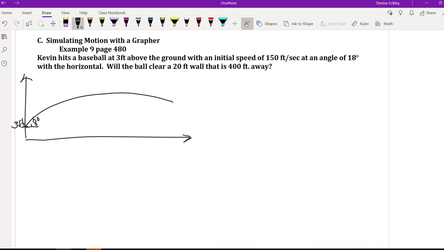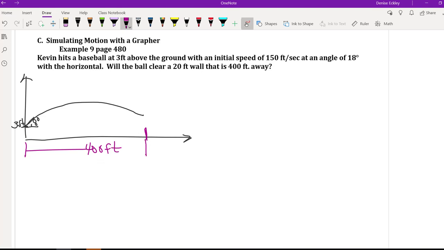So the question is, if we have a wall here, let me draw that. If we have a wall out here, somewhere right here, that's 400 feet away, and it's 20 feet high, will this ball clear the fence?